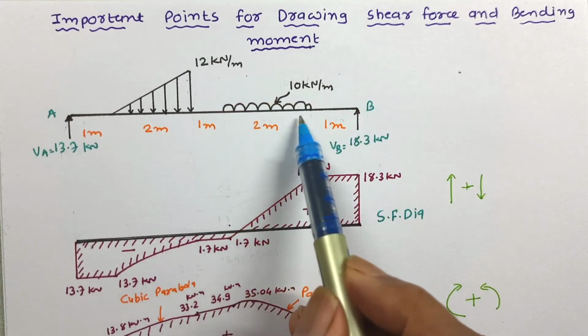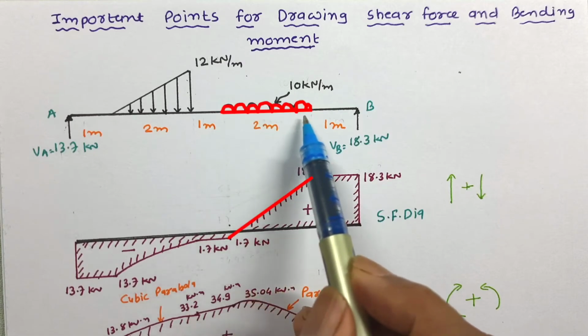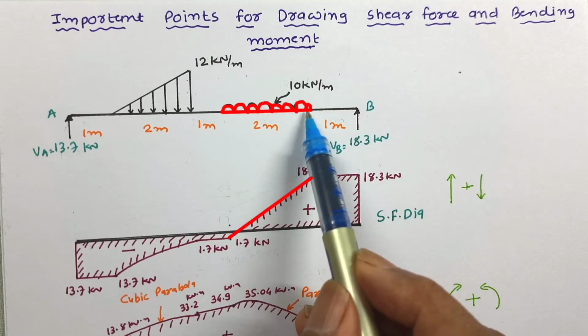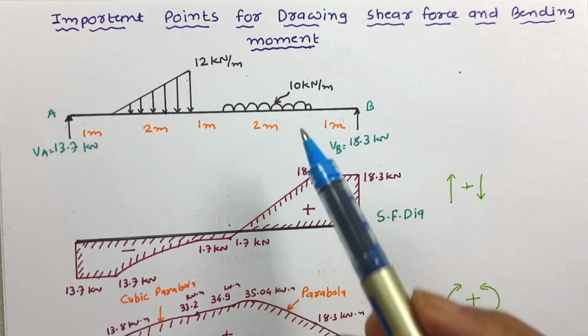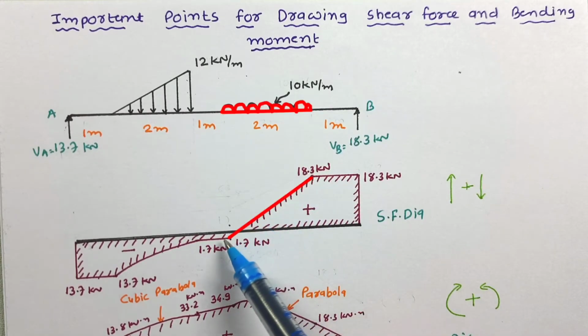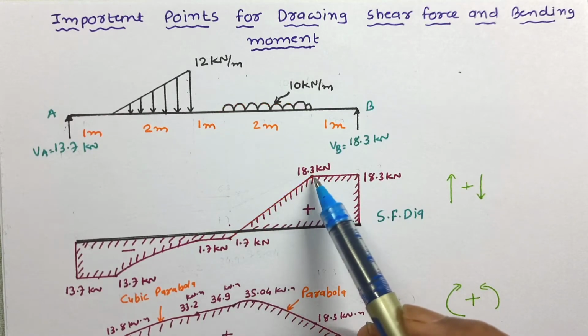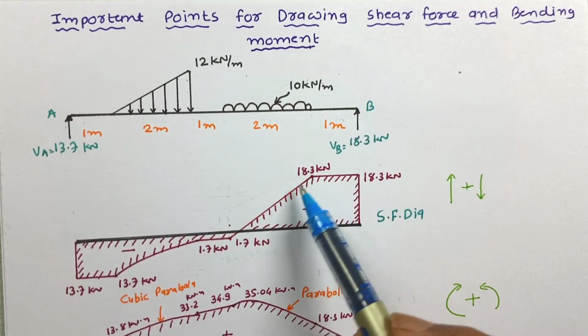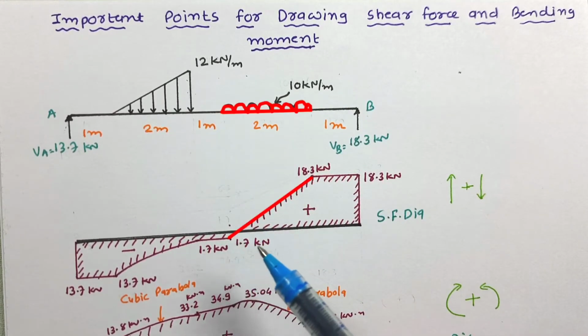In the portion of beam where uniformly distributed load is acting, the shear force decreases or increases continuously, so there will be a straight inclined line which shows such variation of shear force.